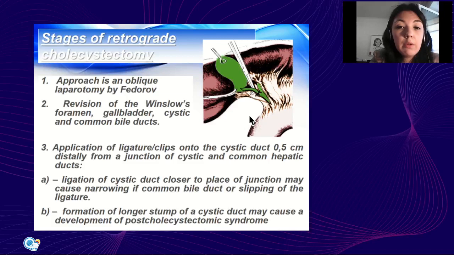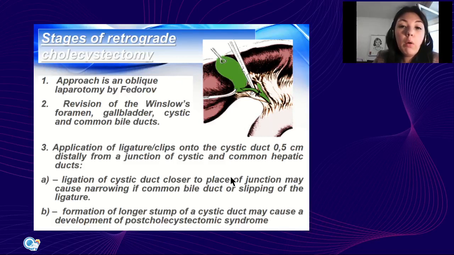Why must it be 5 millimeters only? Because ligation of the cystic duct closer to the junction may cause narrowing of the common bile duct or slipping of the ligature. If it is very close to the common bile duct, our ligature can constrict it, or the ligature can slip out and there will be leakage of bile in the postoperative period.